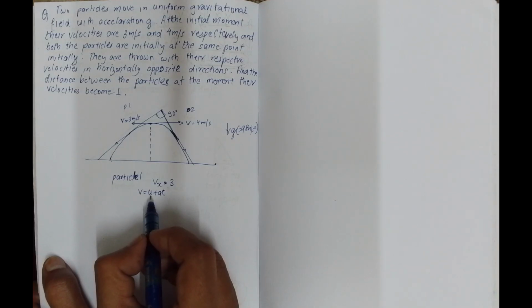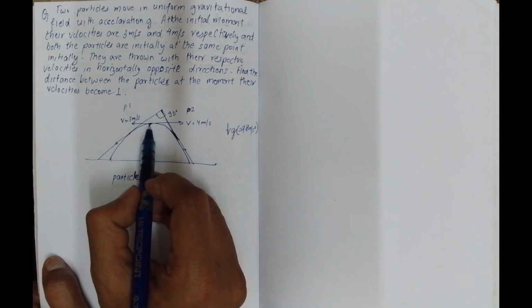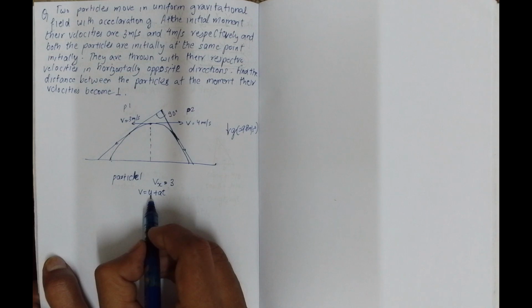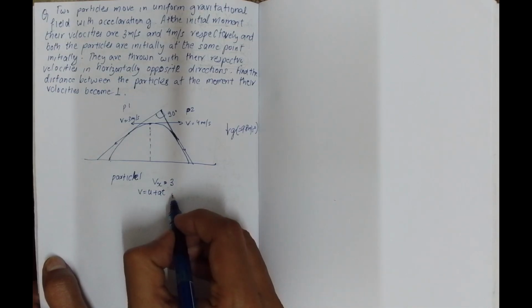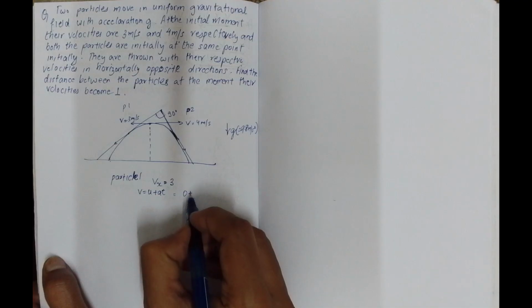The initial velocity of particle 1 in the vertical direction is 0, because it is thrown horizontally. So in the vertical direction the initial velocity is 0, the acceleration is g, and time is any time t. So 0 plus gt.